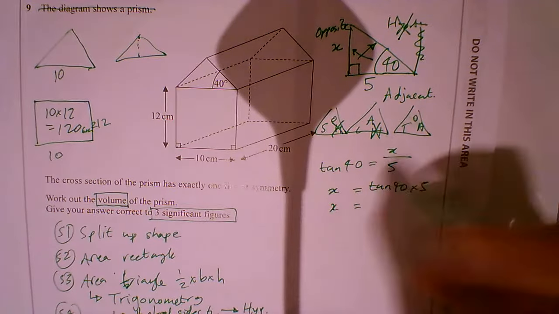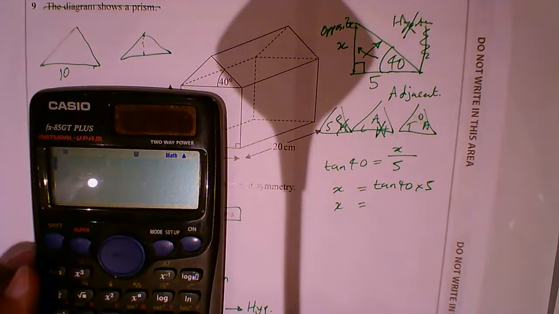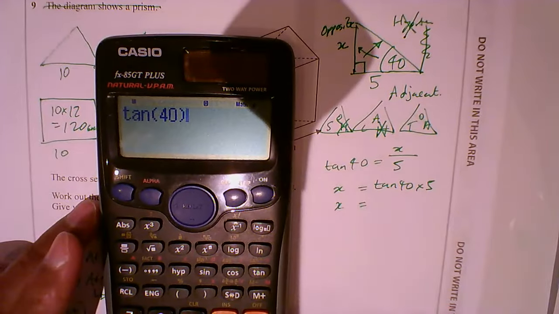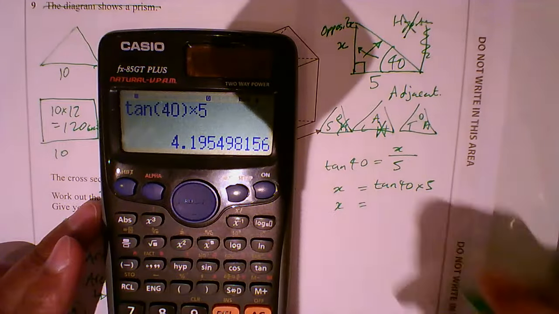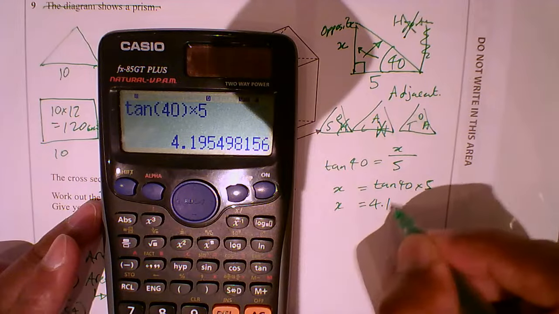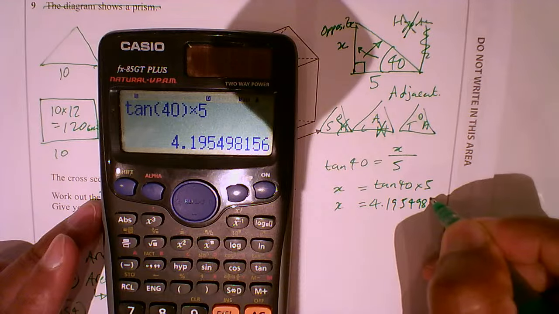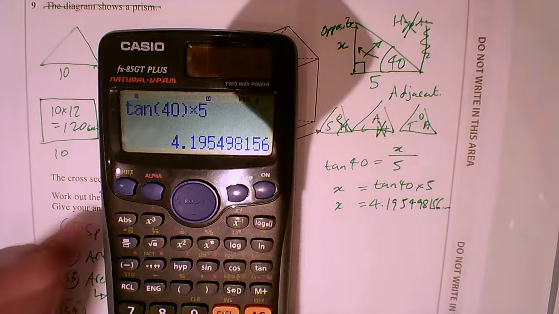So x is equal to, let's get our calculator out. Tan 40, close brackets, times by 5 gives me 4.195498156. Keep the digits, don't clear your calculator.